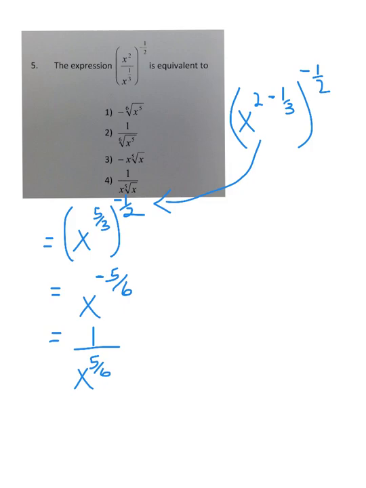Okay, then from there, I'm just going to do power over root. So my power is 5, and my root is 6. So I'm going to put the 6 right here, because that's my root. So that's going to put that right there, and my power will stay right here. And then if you look at that, we have choice 2.